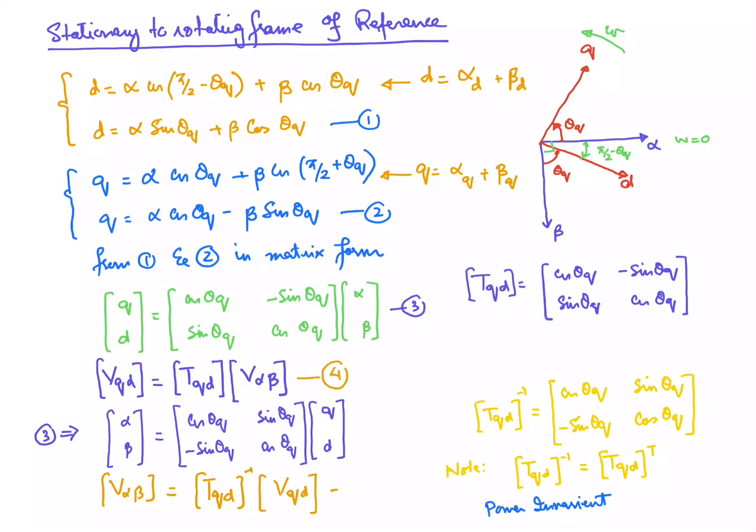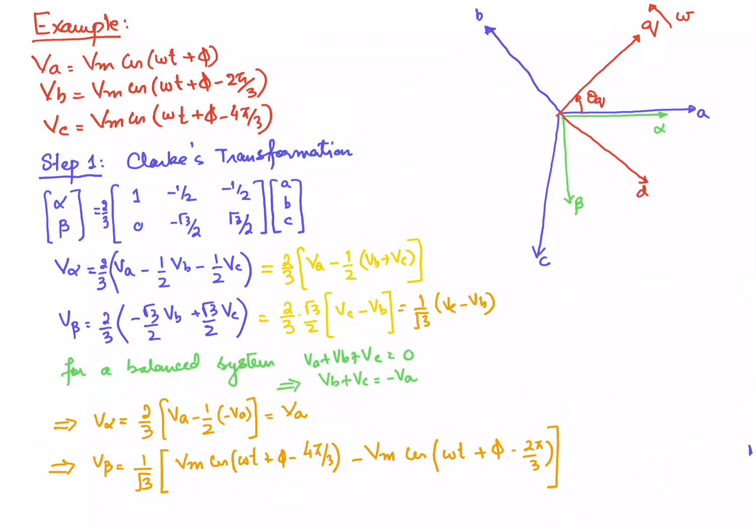Equations 4 and 5 represent the transformations, and equation 6 represents the transformation matrix, and the inverse of that one is this one. You can see over here that this inverse is equal to the transpose of the original matrix. So it is power invariant. The power in the alpha beta frame of reference and the power in the DQ frame of reference will be the same.